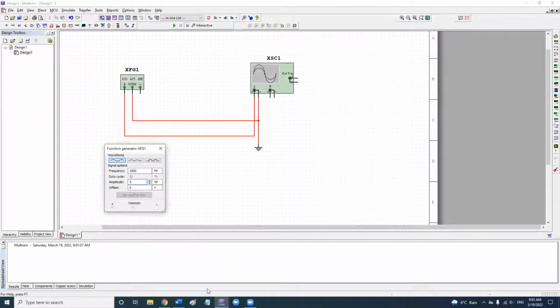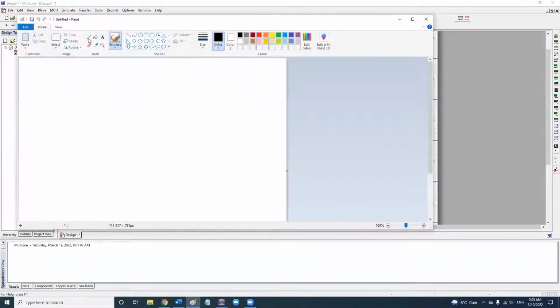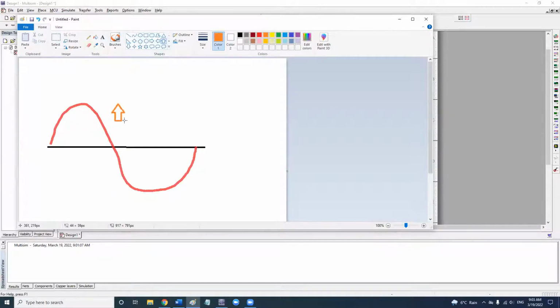Peak means, when we say peak voltage, I'm just going to use this to draw it. Say this is our sine wave. Peak voltage means the voltage from here to here.